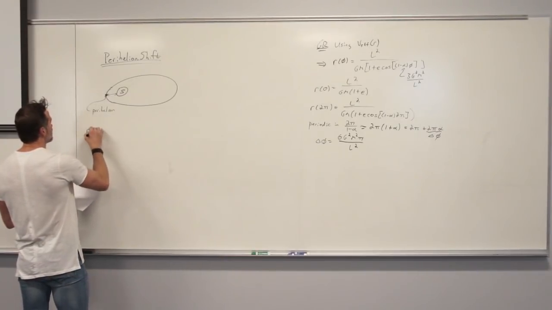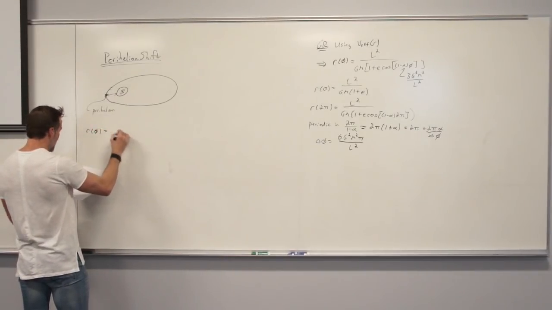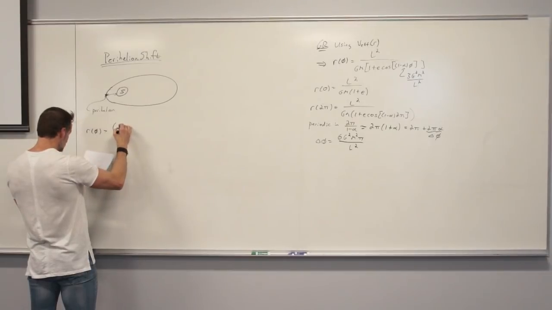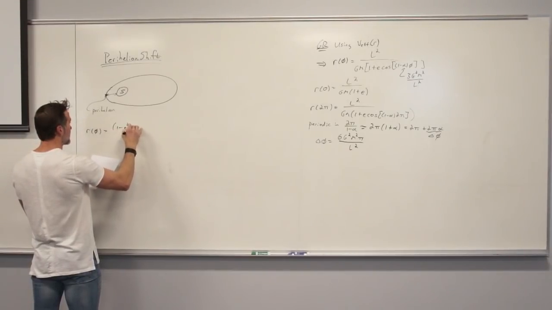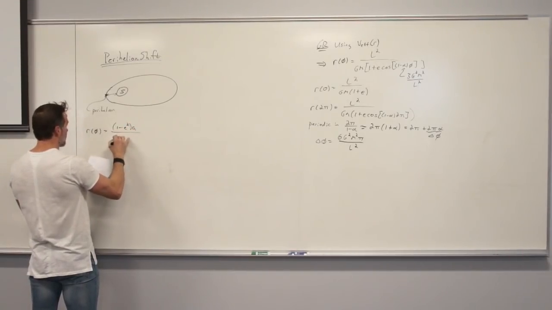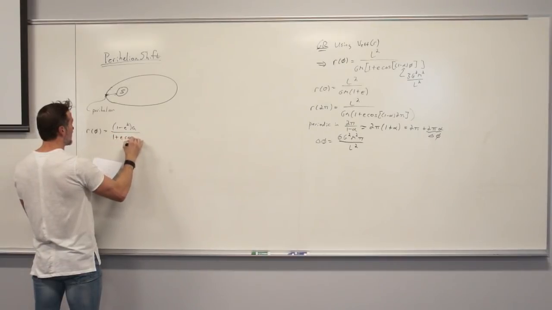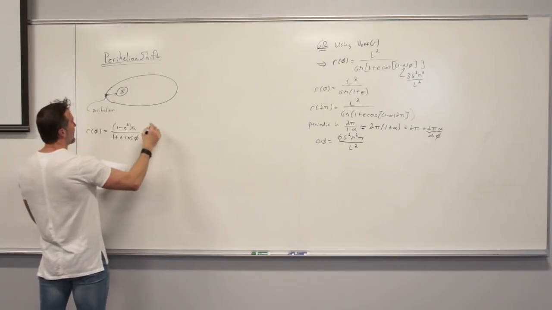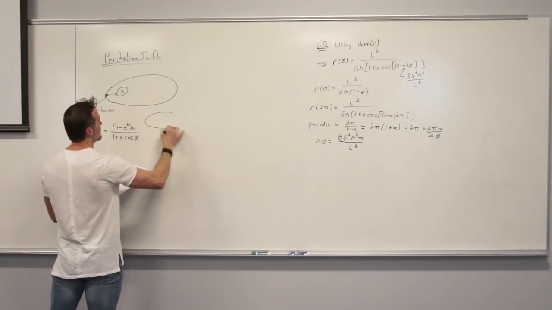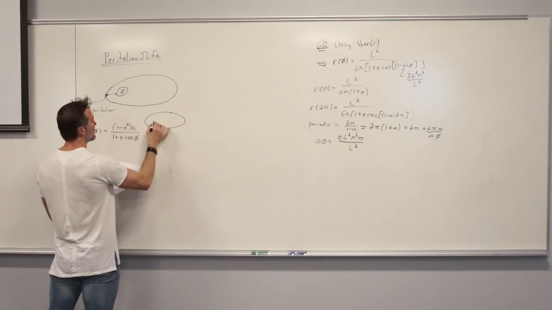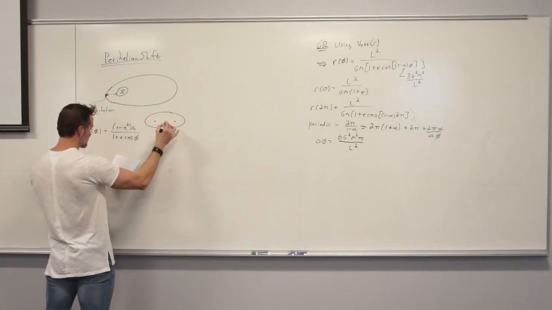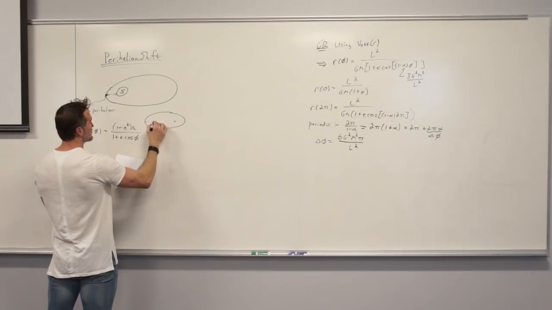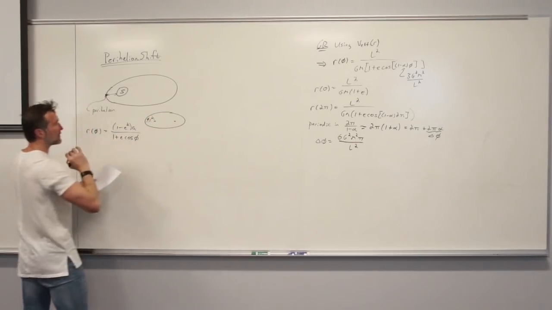So the equation of an ellipse as a function of phi can be written as (1 minus e squared) a over (1 plus e cosine phi). Every ellipse has 2 foci, and we're parametrizing the position by an angle phi like so.